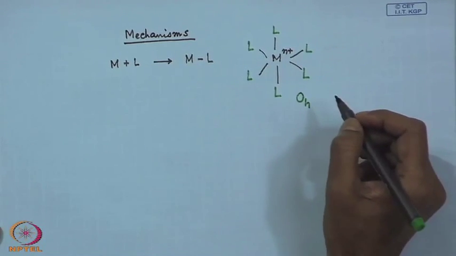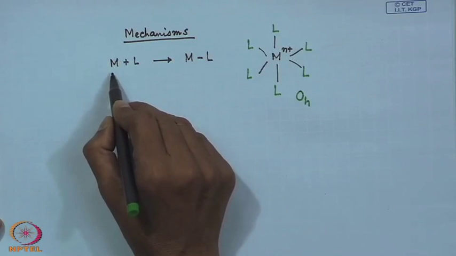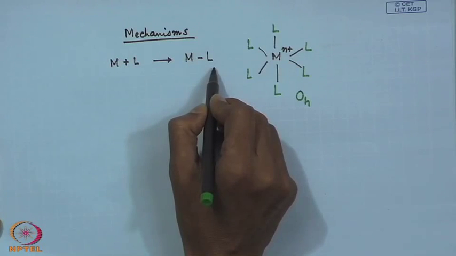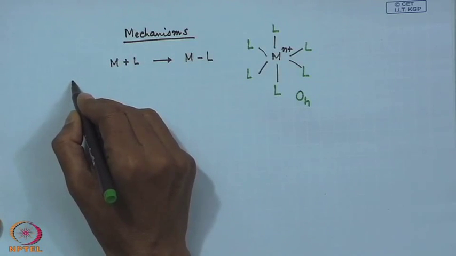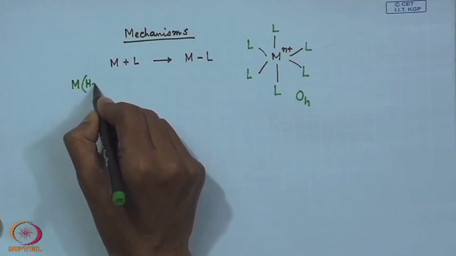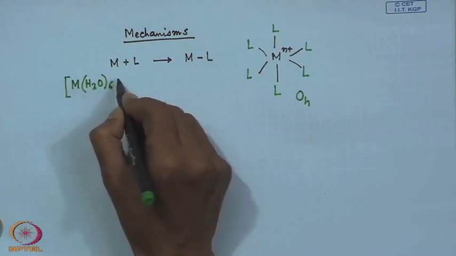In the first step, if one M reacts with one L, we get an ML species, but what is actually happening is nothing but a ligand substitution reaction.